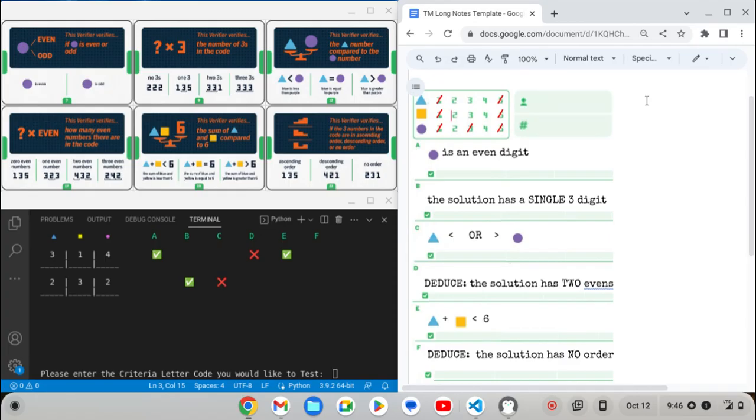Remember that the sum has to be less than 6. So based on that, it does not seem possible for either triangle or square to be 4, because 4 plus any other digit is going to be greater than 6. So let's go ahead and cross out the 4s.